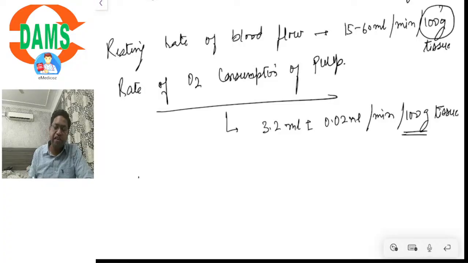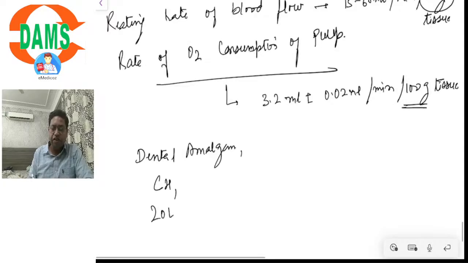Now there are certain materials like dental amalgam, calcium hydroxide, zinc oxide eugenol. They all reduce the oxygen consumption of pulp.